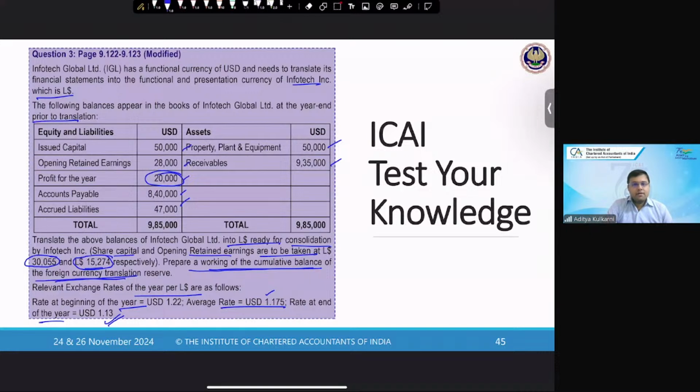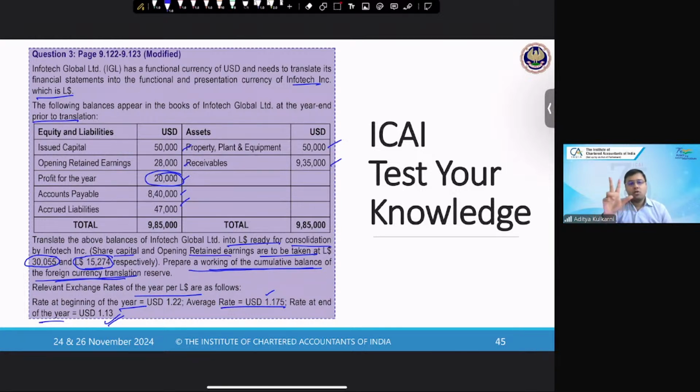So in my entire converted balance sheet, there are only three things which are at different rates: issued capital, opening reserves, and profit for the year. Whatever else is there will be going at the closing rate. Do you agree with this?